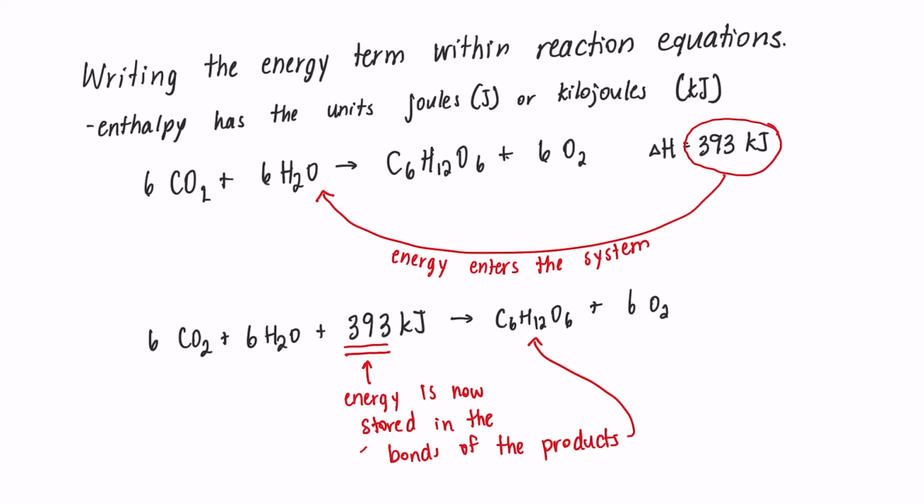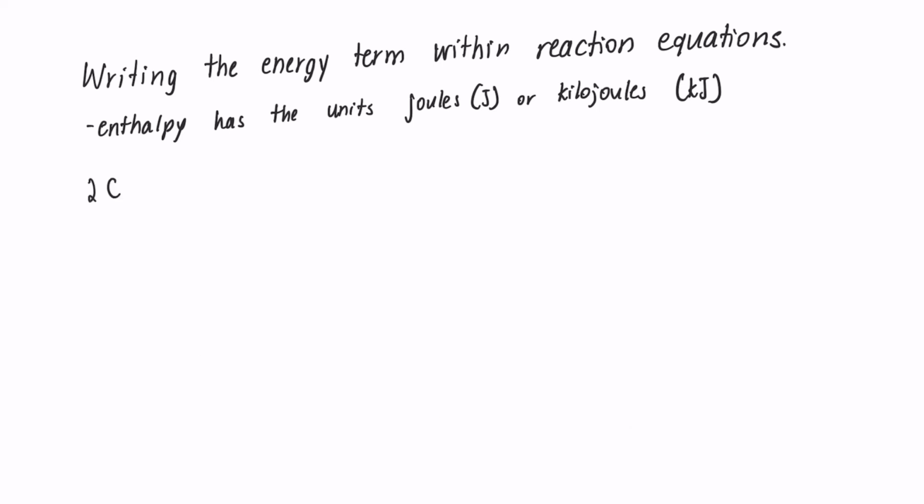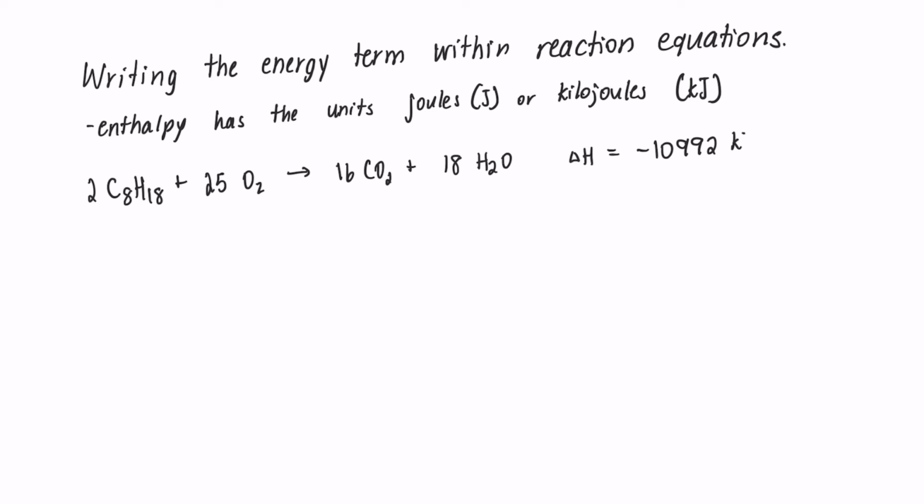It's all about chemistry. Now let's take a look at a combustion reaction with octane and oxygen forming carbon dioxide and water with a delta H of negative 10,992 kilojoules. This negative delta H tells us that the reaction is exothermic.